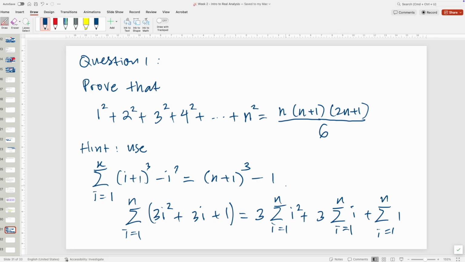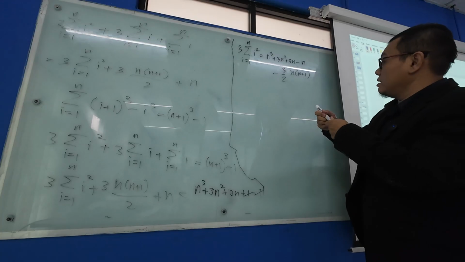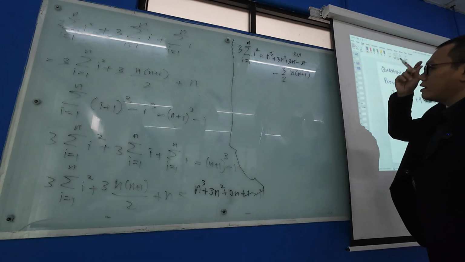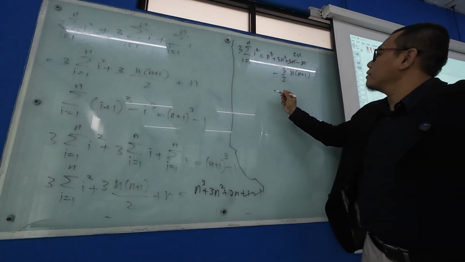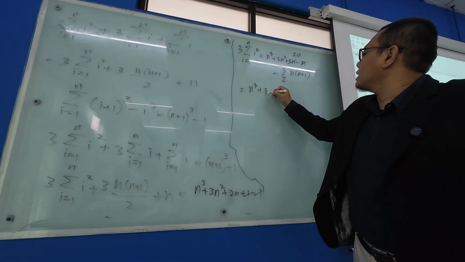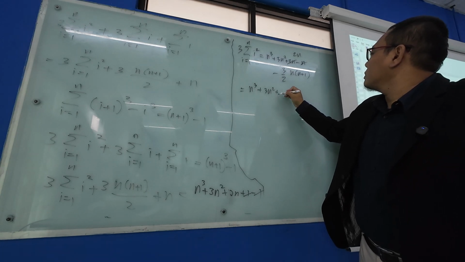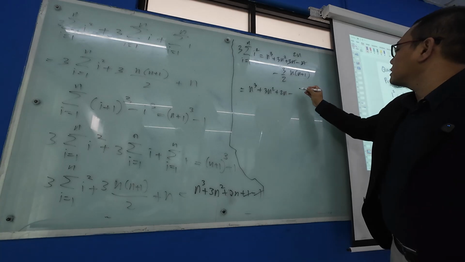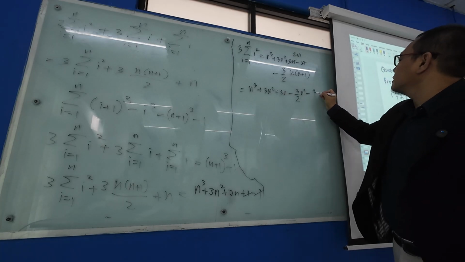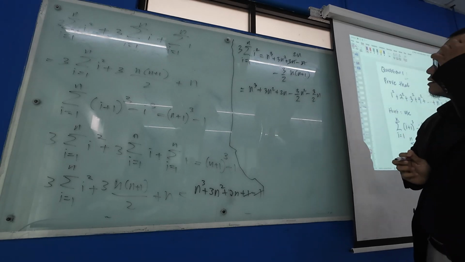Next you can cancel this 2n, and then simplify: n cubic plus 3n square plus 2n minus 3 over 2 n square minus 3 over 2 n.